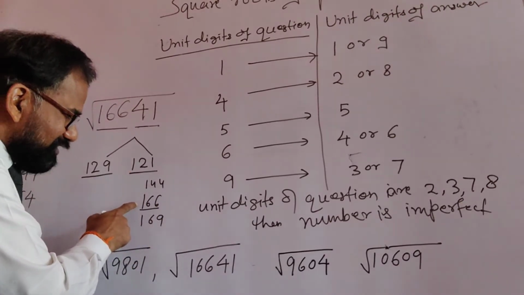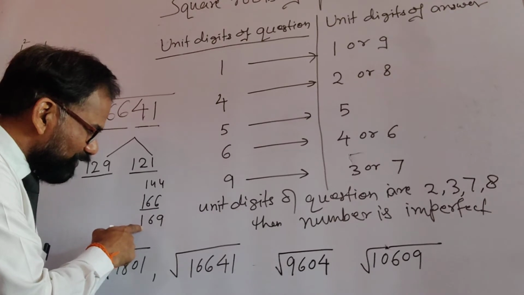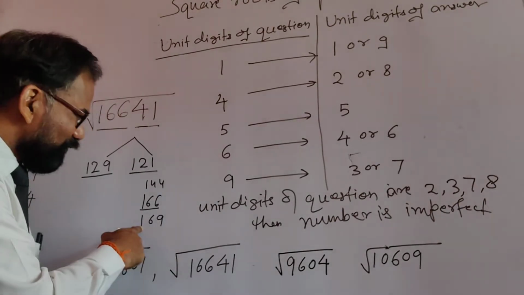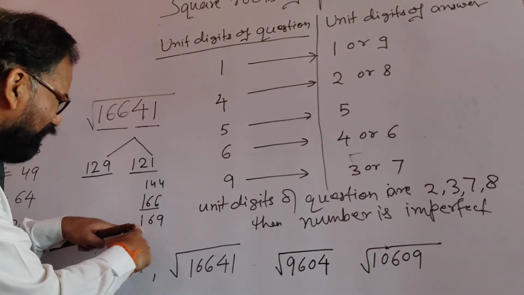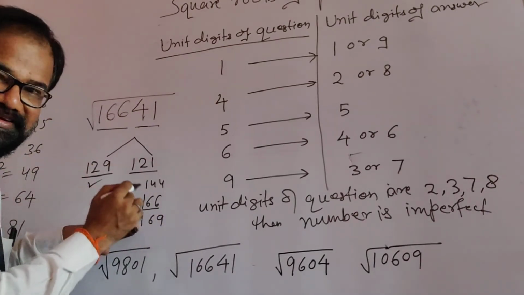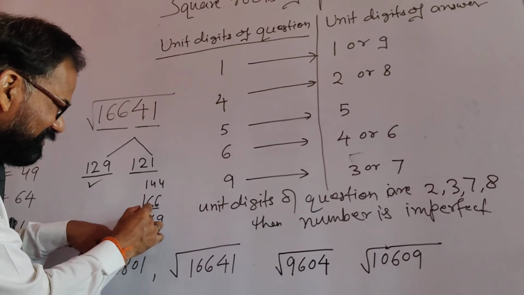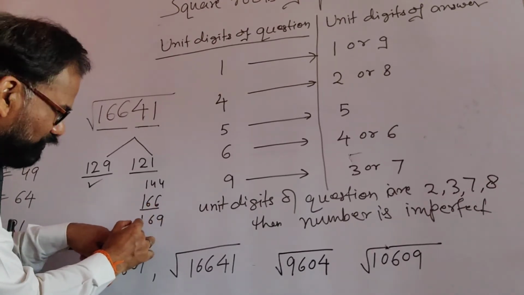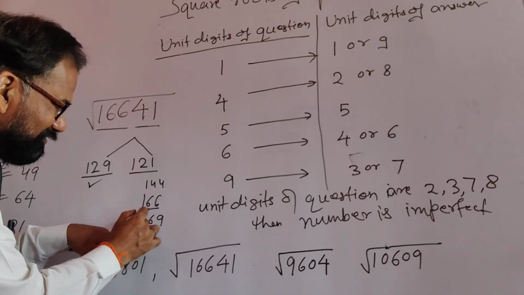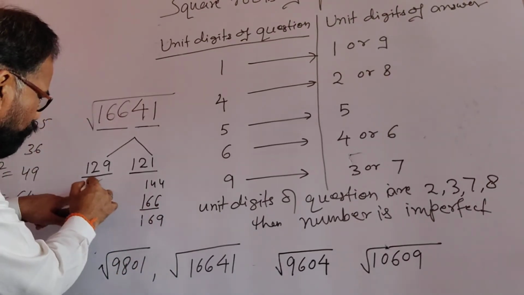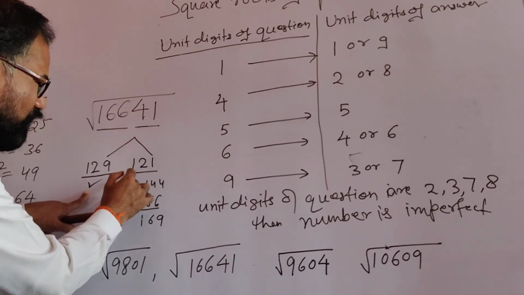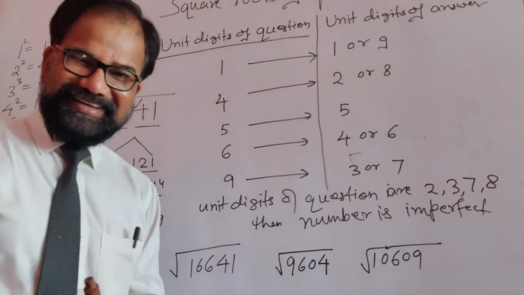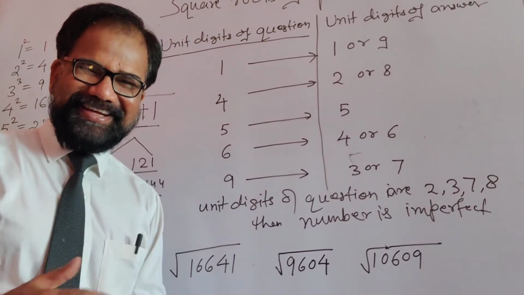No doubt 166 is nearer to 169, right? So your answer will be the bigger one, that will be 129, not 121. I hope all of you are getting, right?